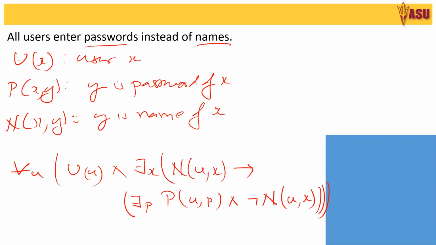Reading it again: for all users, and given they need the name of the user, U provides his password, which is P, and not name, which is X. Always remember to provide the right parentheses, otherwise this would not make complete sense.